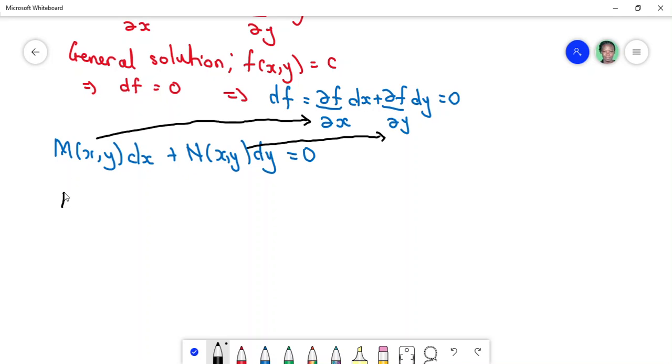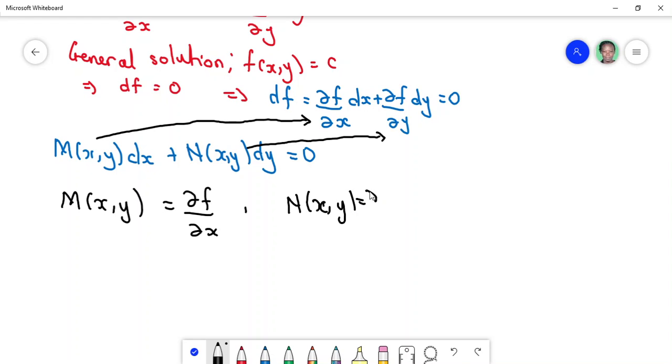So I have M of x, y to be equal to the partial derivative of f with respect to what? X, and N of x, y to be equal to the partial derivative of f with respect to what? Y. Okay, very good.